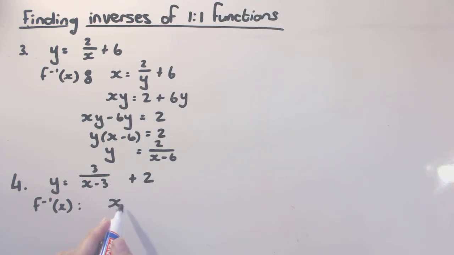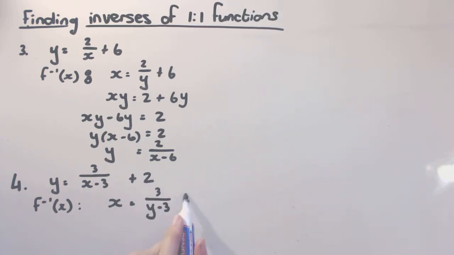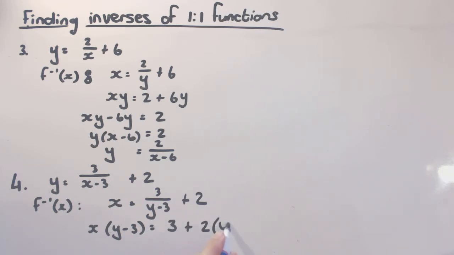So I've got x is equal to 3 over y minus 3 plus 2. And then I multiply with y minus 3 throughout. So I've got x times y minus 3 is equal to 3 plus 2 times y minus 3, like that.